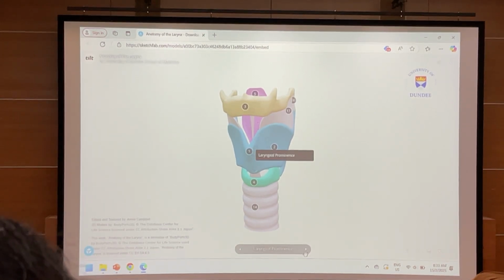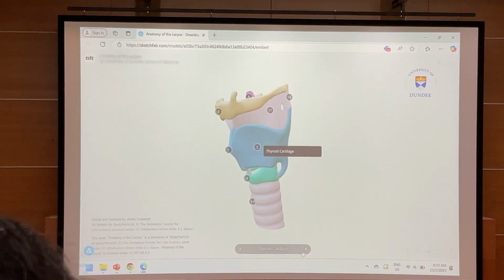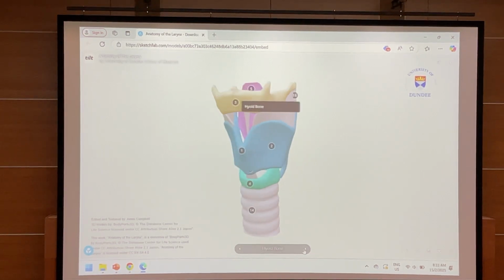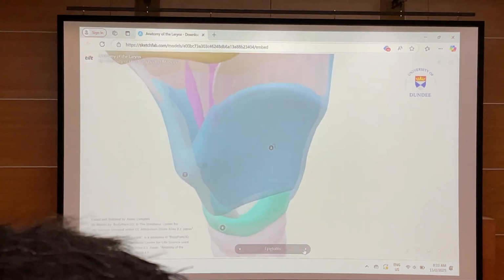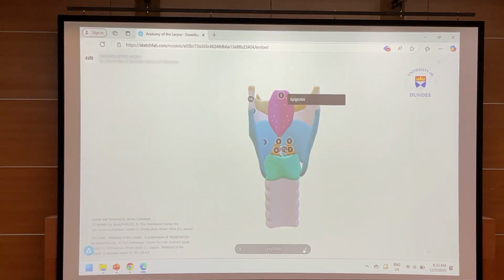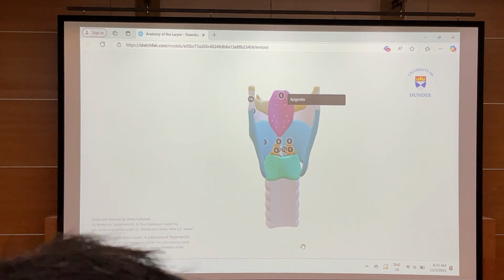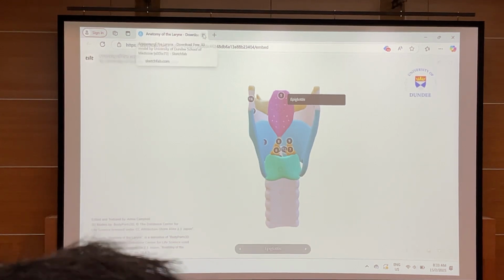For example, this is the laryngeal prominence, and then you can also identify the superior thyroid notch and inferior thyroid notch. Then they have the lamina of the thyroid cartilage, hyoid bone, cricoid, and then they also flip around the back and show a 3D version of the laryngeal framework. I can share this later, then you can play around with this later.